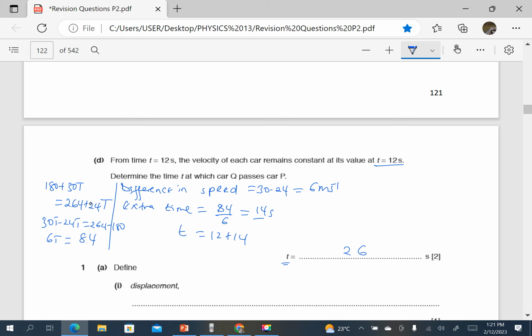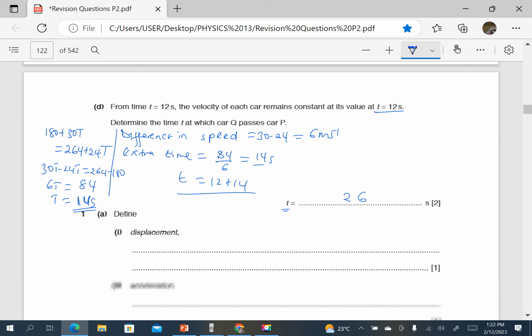Yes. So the time required for them to pass each other is going to be 84 over 6, which is 14. So that will be the extra time they pass after 12 seconds. So the answer we want will be 12 plus that 14 seconds. So this is the extra time needed for Q to pass P.